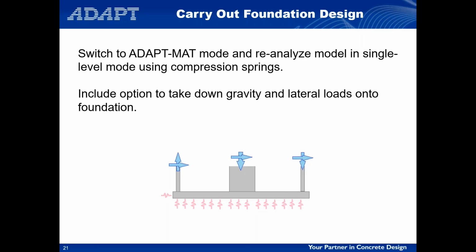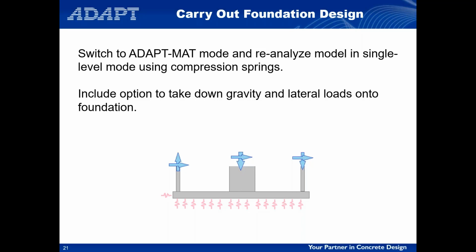So we're going to switch the program to mat mode, and we want to reanalyze this in single level mode, right? So now we're going to go back, and by default it's going to force you to run this analysis mode using compression springs again, because it says you're in mat mode.